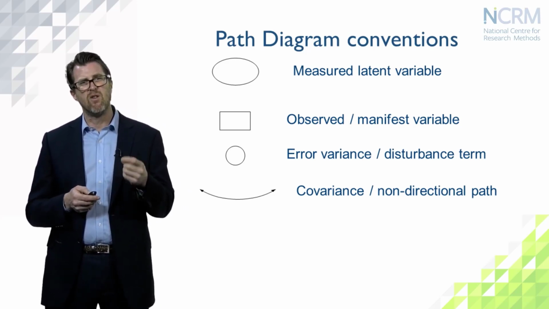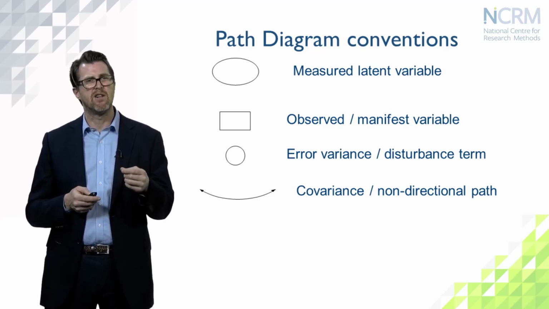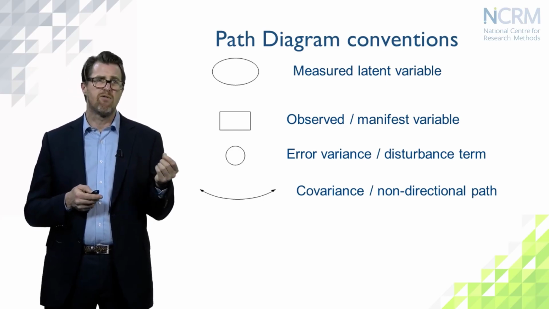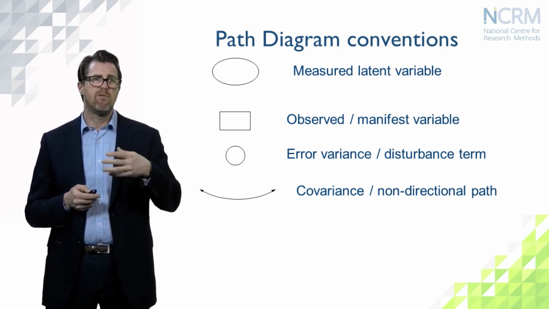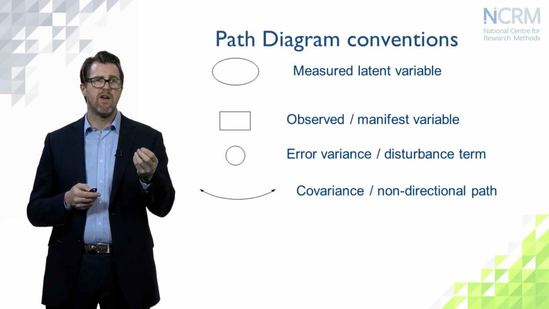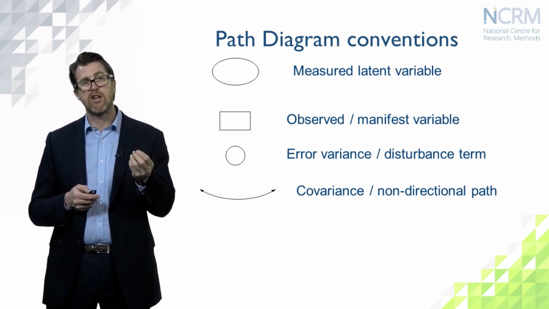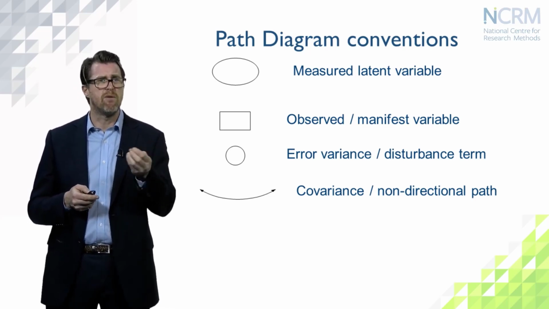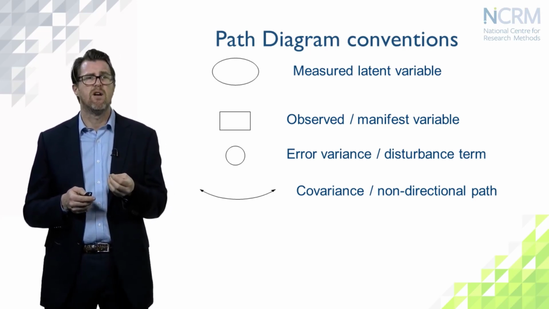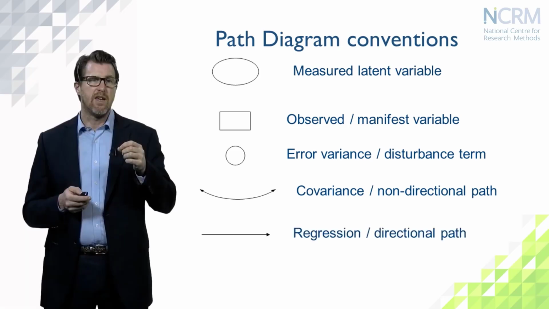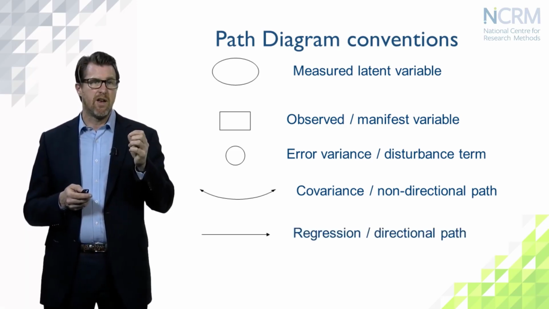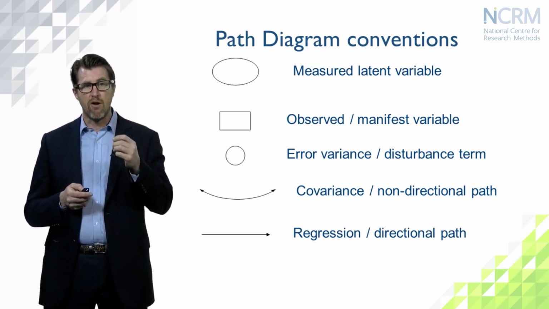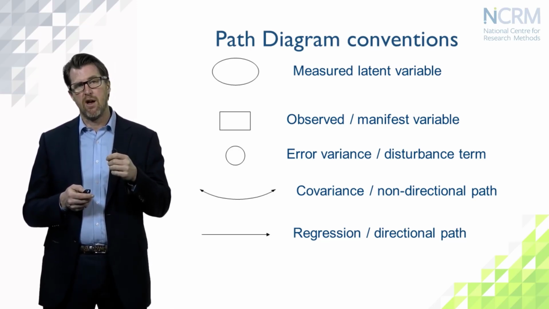We sometimes call this a non-directional path or an unanalyzed relationship, because this is used to show that two variables are related to one another, but our model does not specify anything about the direction of that relationship. It may be because it's not an important part of the theory, but we know that the two variables are associated. Lastly, a straight line with a single arrow at one end indicates a directional path, a regression coefficient.